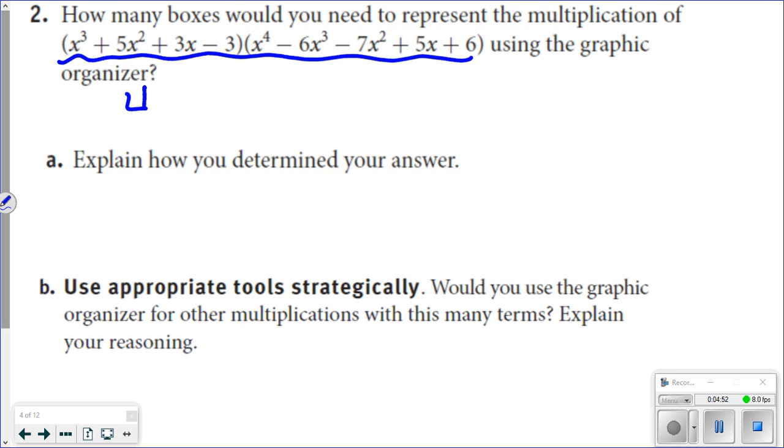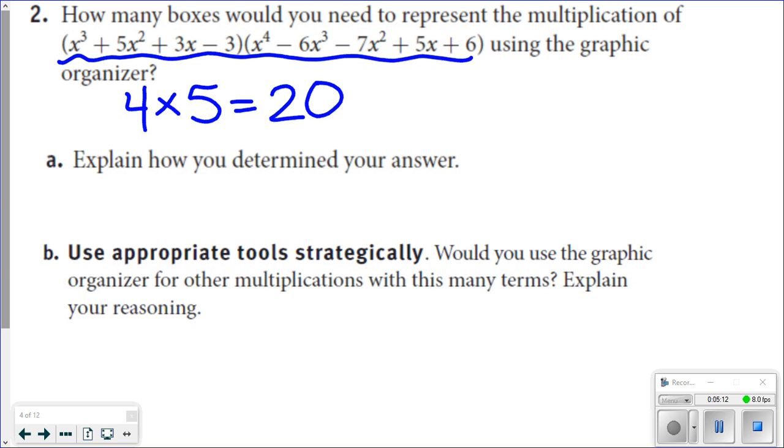This first set of parentheses has 4 terms. The second one has 5, and so it's a total of 20. How did I get that? I multiplied the number of terms in both polynomials. So that would be question A. I multiplied 4 times 5, which is the number of terms.